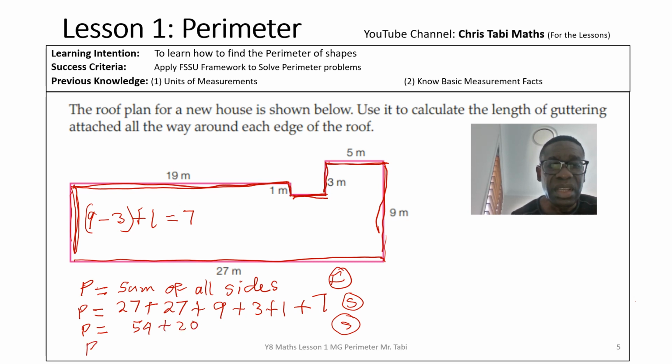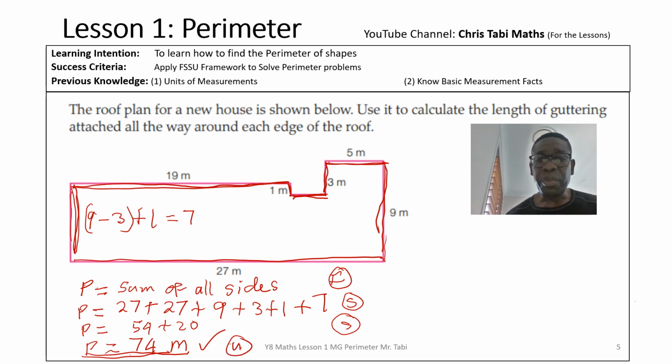So P is simply equal to 74, and the units is meters because we are measuring in meters. So that is it. The unit comes. So 74 meters. Any questions?